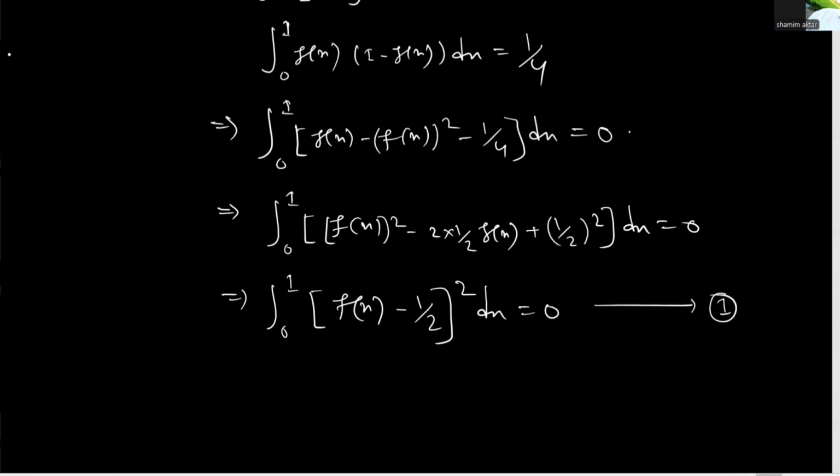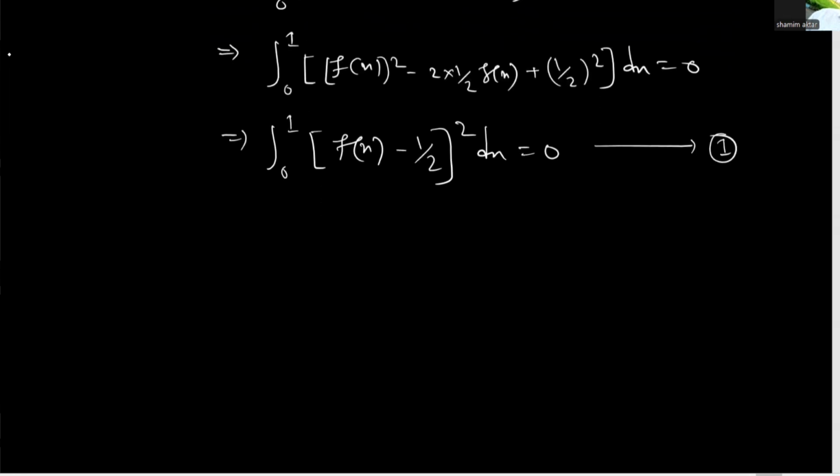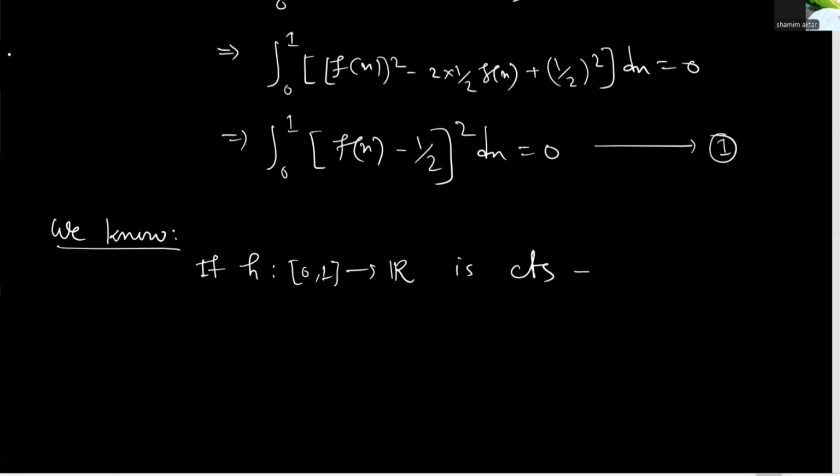And we know the result: if h(x) is a function on the closed interval [0, 1] to R, is continuous, h(x) is greater than or equal to 0, and integration 0 to 1 h(x) dx equal to 0, then this implies h(x) equal to 0.